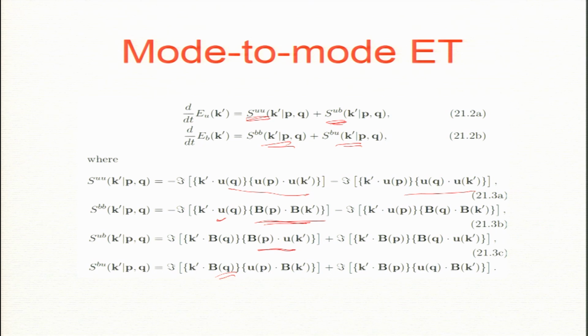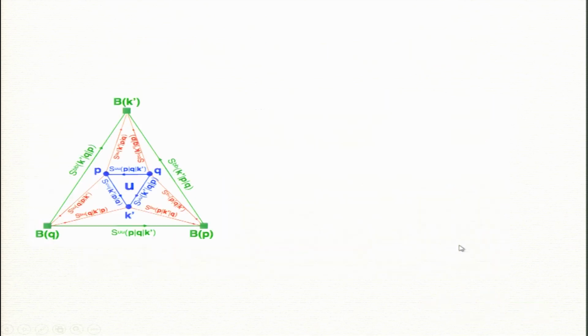From this you can easily see how to get the mode to mode energy transfer. That is what we did long time back in 2001 with my student Gaurav Dar and Ishwaran, Physica D. Let us see how the modes look.